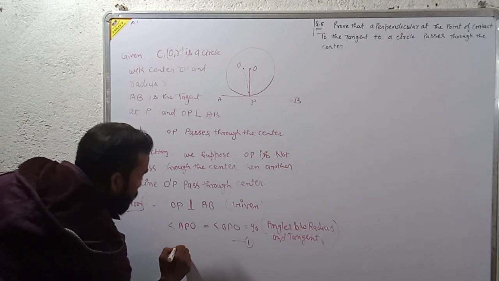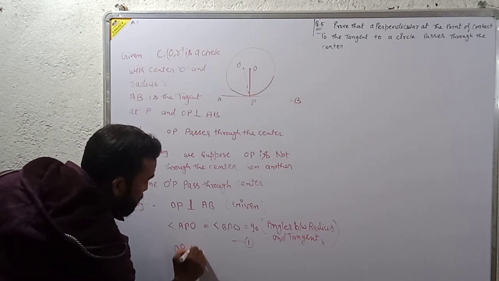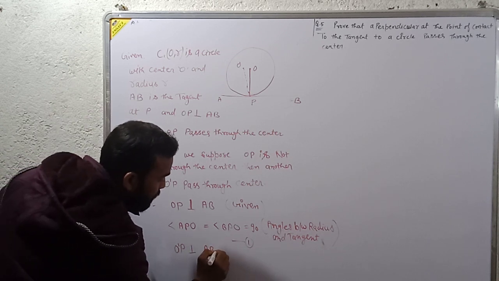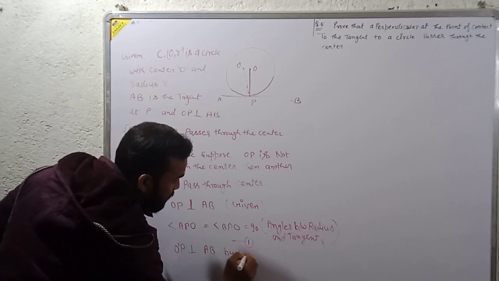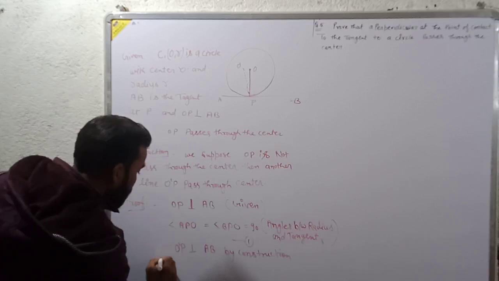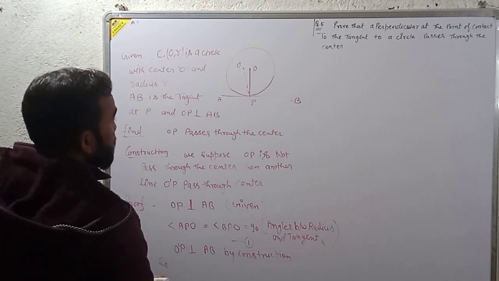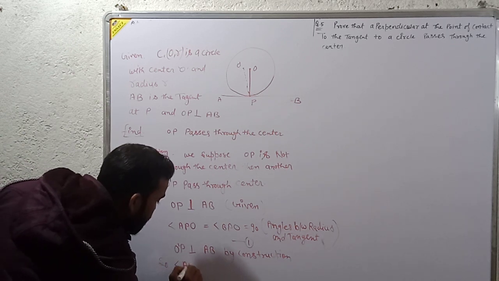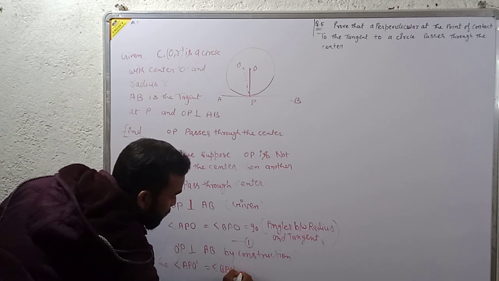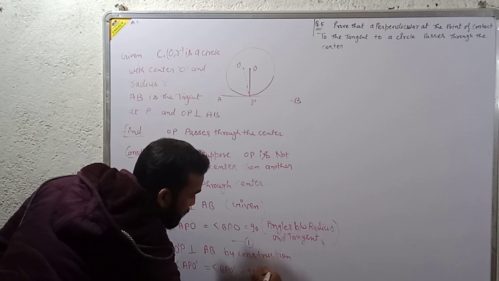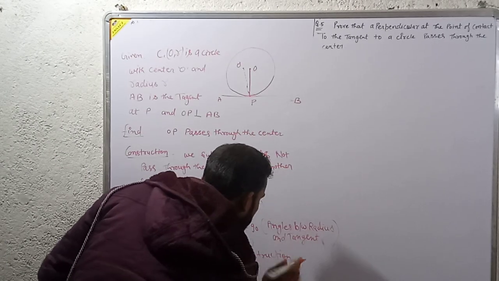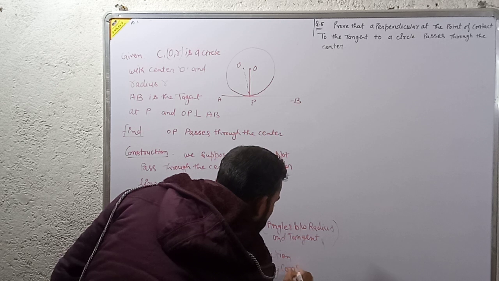Again, O dash P is perpendicular to AB by construction. So angle APO dash is equal to angle BPO dash, equal to 90 degrees, by construction.